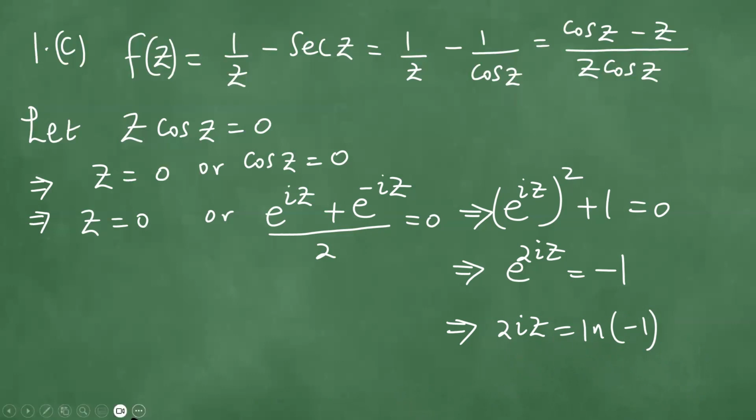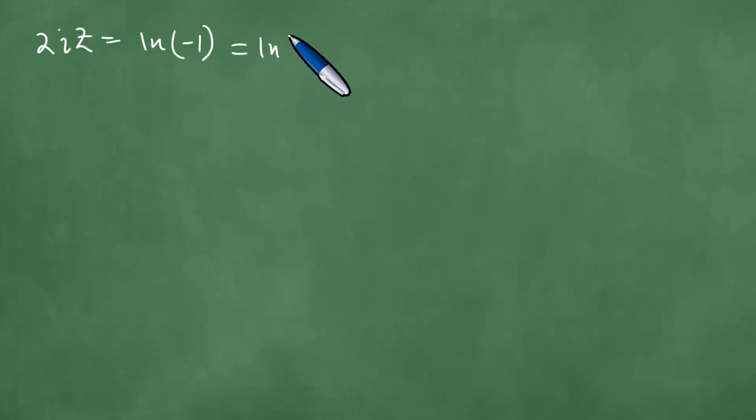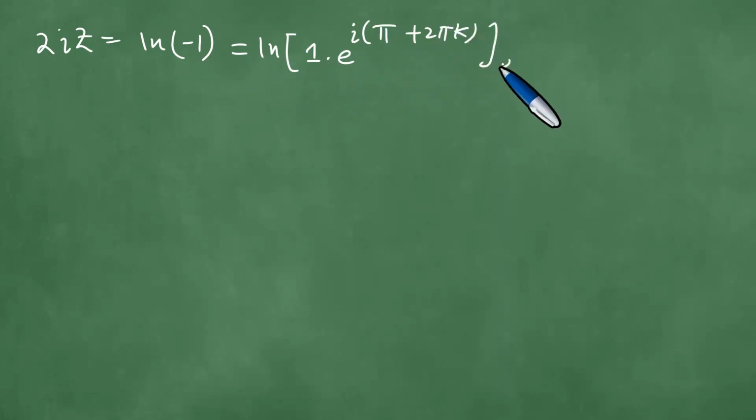Right, so this is what we get. The natural log of minus 1 is the natural log of 1 times e to the i, where the argument of minus 1 is pi plus 2 pi k, k in the integers.